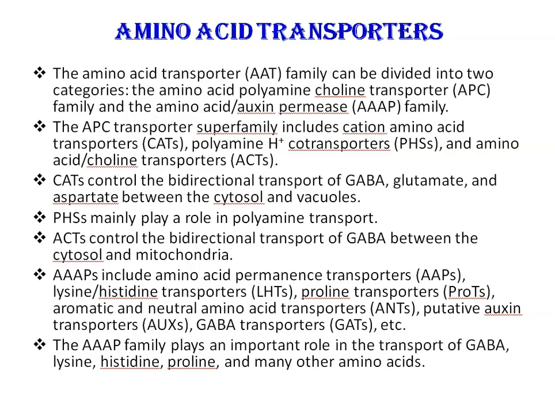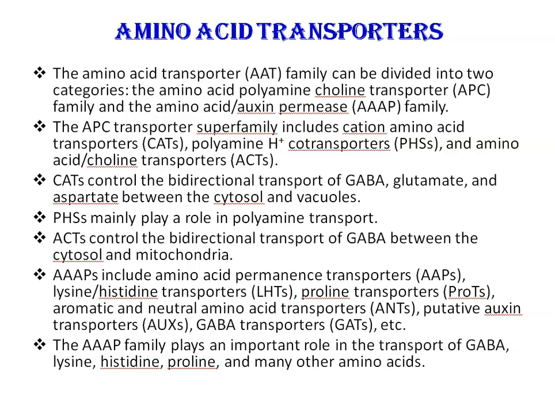The amino acid transporters, AAT family, can be divided into two categories: the amino acid polyamine choline transporter, APC family, and the amino acid auxin permease, AAAP family. The APC transporter superfamily include cation amino acid transporter, CATs, polyamine proton cotransporters, PHS, and amino acid choline transporters, ACTs.